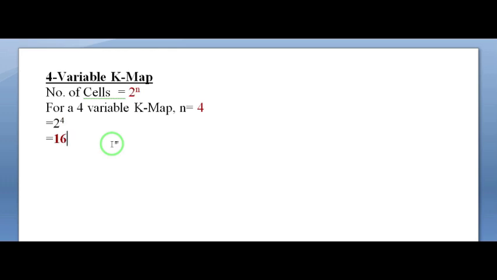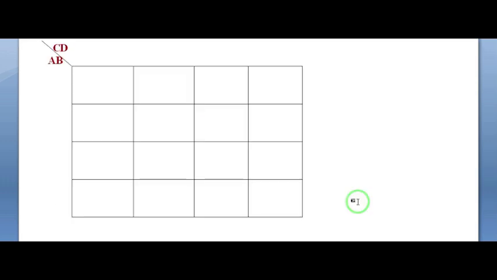Total number of 16 cells. So presently on screen you can see the diagram is going to have a total of 16 cells, which are distributed into 4 rows and 4 columns. So here I am selecting the variables as A, B and CD. A, B two variables are going to represent the rows, so 4 rows.